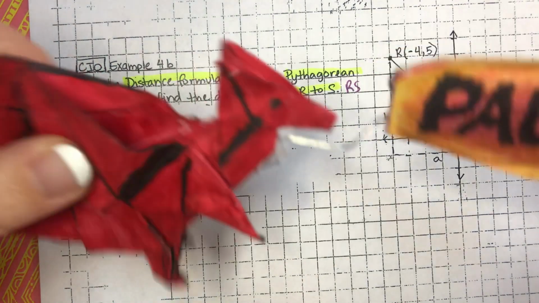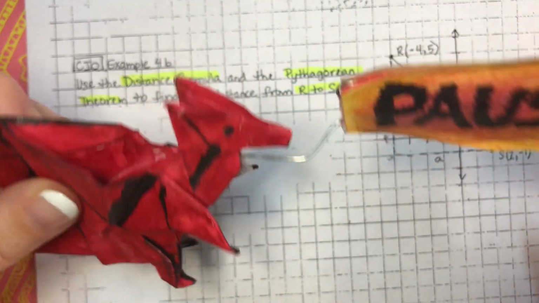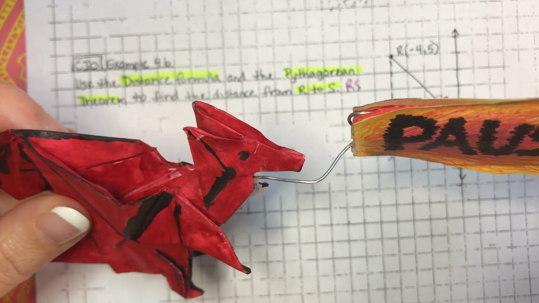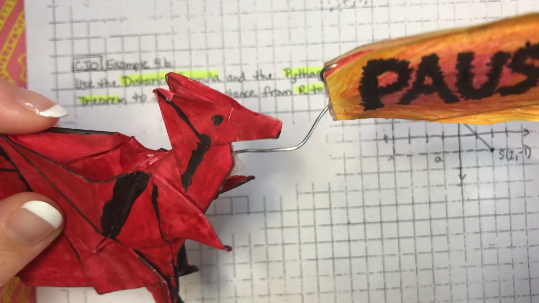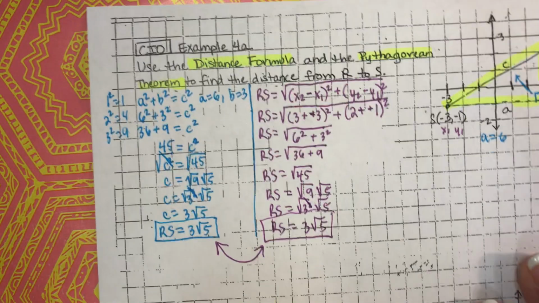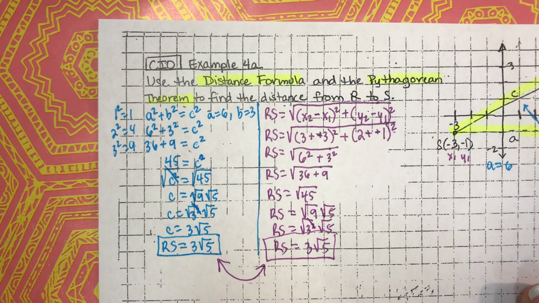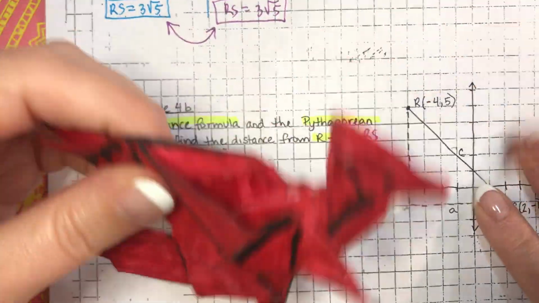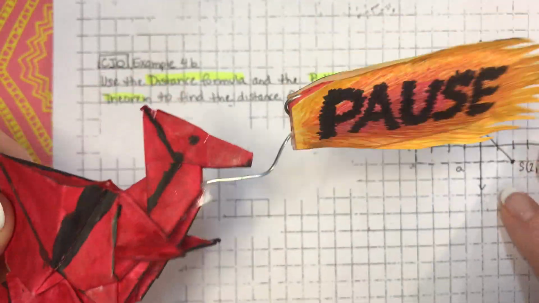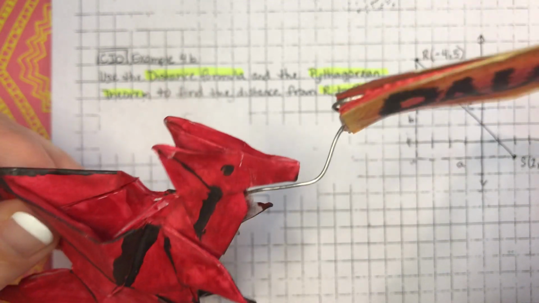So now it is time for you to pause your device, work this problem out, make sure you define all your variables, write all the formulas and symbols first, show all your lovely work. It needs to look like this, so use that as a guide if you need to. Go ahead and pause, and I'll see you in a little bit. When you get done, press play and we'll talk about it together. All right.